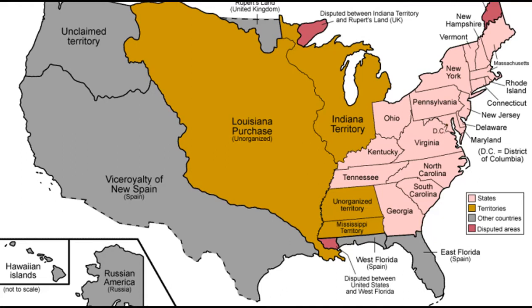So the story of the 19th century in American history is the story of a spreading out across the continent to create the geographical entity that is the modern United States.